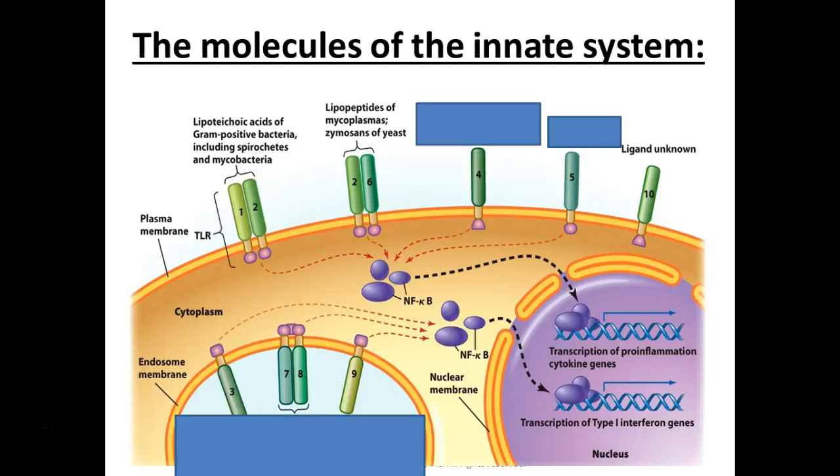Lipoteichoic acid. Do I expect you to memorize that Toll1 and Toll2 recognize lipoteichoic acid? No. But I do expect you to recognize that lipoteichoic acid, which is a general molecule found on a lot of gram-positives, is one of the molecular patterns we're able to recognize.